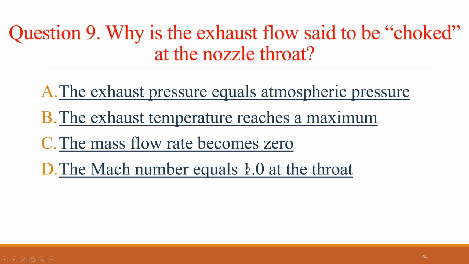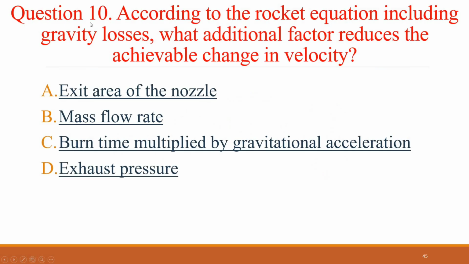The correct answer is the Mach number equals 1.0 at the throat. Question 10. According to the rocket equation, including gravity losses, what additional factor reduces the achievable change in velocity? The correct answer is burn time multiplied by gravitational acceleration.